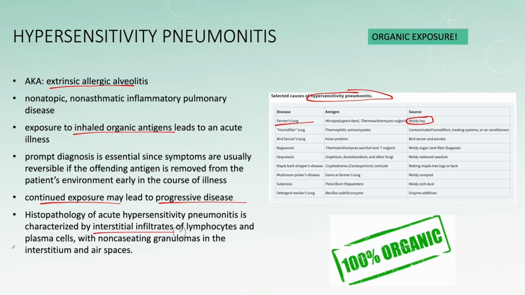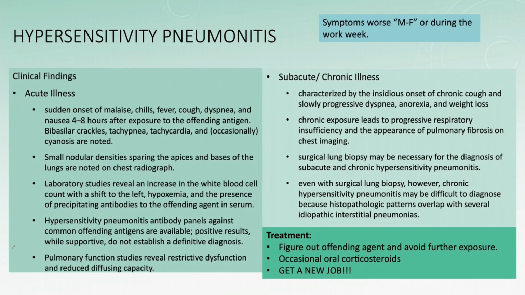And you usually get these interstitial infiltrates, you get lymphocytes, plasma cells, non-caseating granulomas occasionally in the interstitium and the air spaces. And they're usually organic types of things. How do they look? Generally speaking, patients tend to get it during the work week while they're exposed.